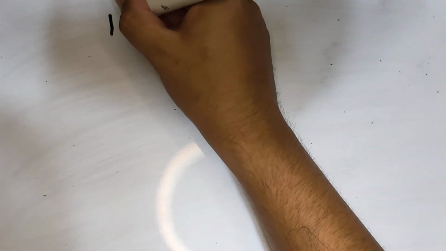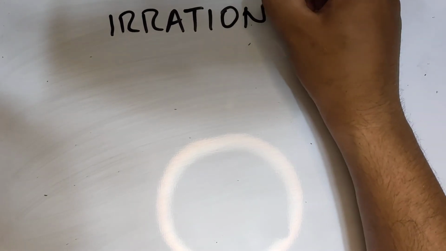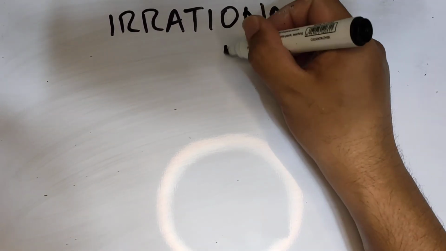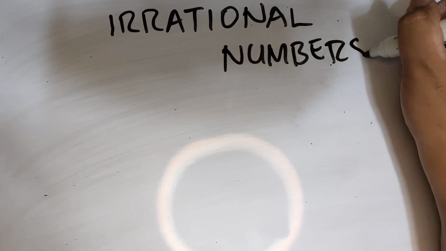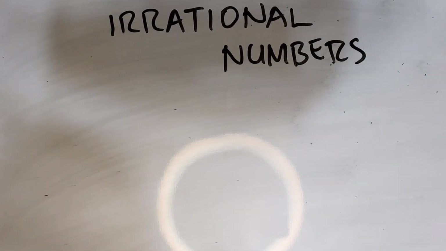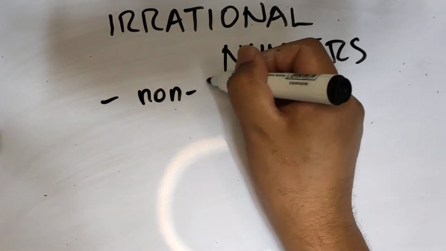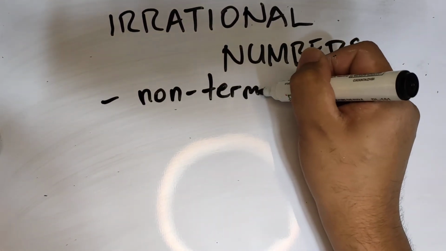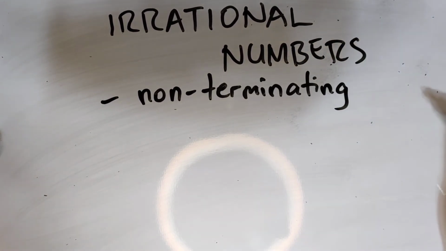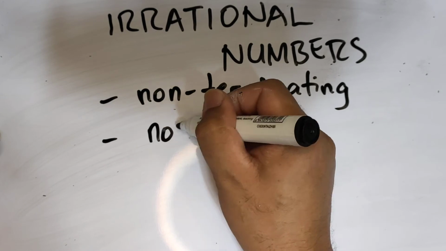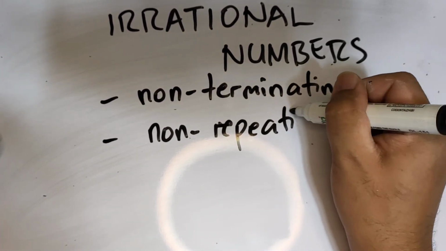so let's write irrational numbers. Ayan. So, irrational numbers, these are non-terminating and non-repeating decimals.